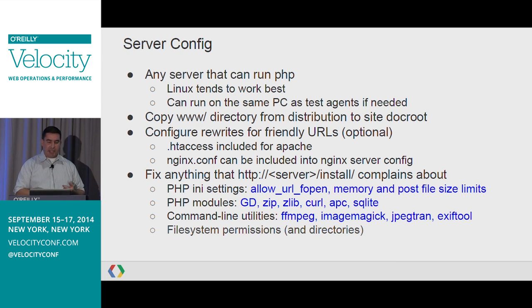And there's also an Nginx conf that you can include in your Nginx config that has all of the rewrite commands in it. And then there's also, and I'll actually walk through this in a second, an /install page that does a bunch of sanity checks for your server config to make sure that all of the dependencies, all of the modules, and the permissions on the file system are appropriate so that it'll run.